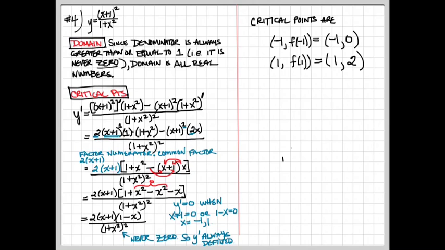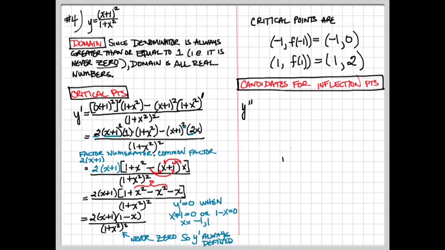Next, we're going to look for the candidates for inflection points. To do this, we take the second derivative. Now, it's important to realize by looking at the last form we have of our derivative, if we were to multiply these 2 factors together, that is a difference of perfect squares, so that will give us 1 minus x squared.